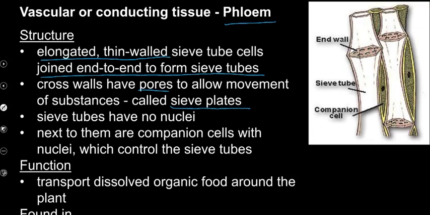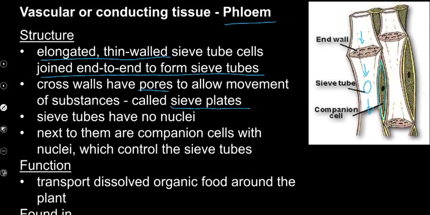The question now is, if they had a nucleus here, what would happen to that nucleus as substances move down? That nucleus would be pushed out of the cell. So it's not practical for the phloem cells to have nuclei, so what they do is they've got little cells next to them.